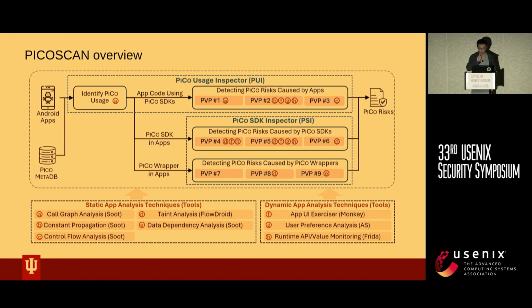And this is our framework. Because of the time limitation, I cannot provide more details. Please refer to our paper for the implementation details. This is a framework combining static analysis and dynamic analysis.